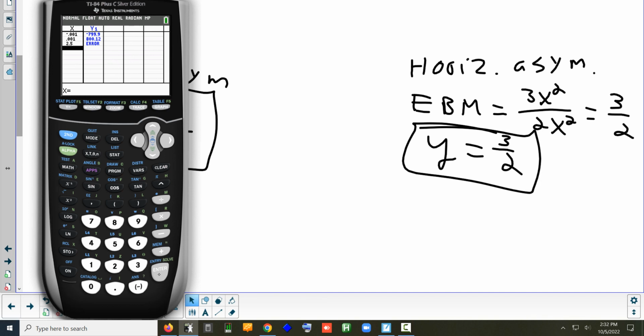We got to go closer than that. 2.4. Closer. Okay, then 2.49. Okay. So 2.499. Really close. And how about a little bigger than 2.5? 2.51. Closer.